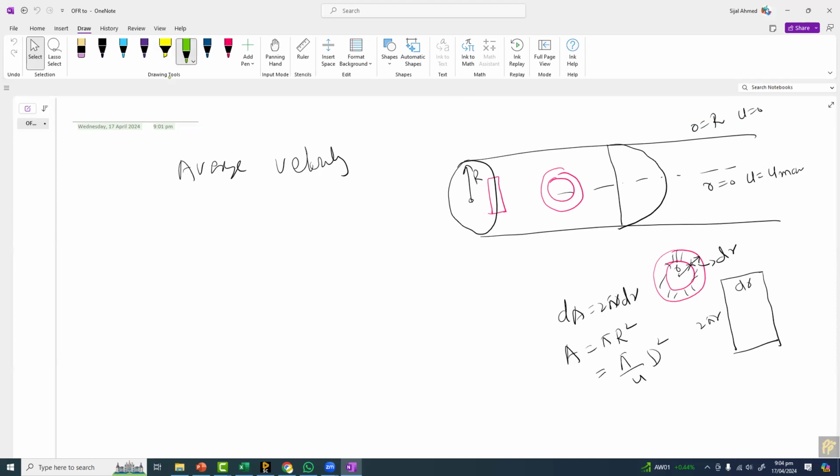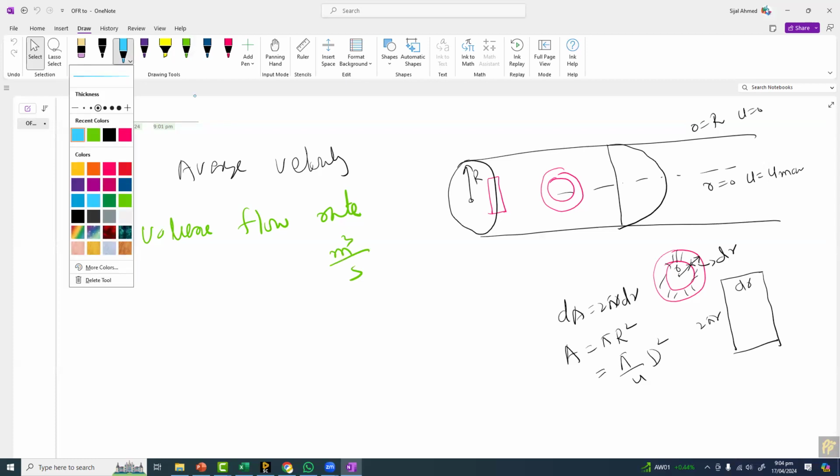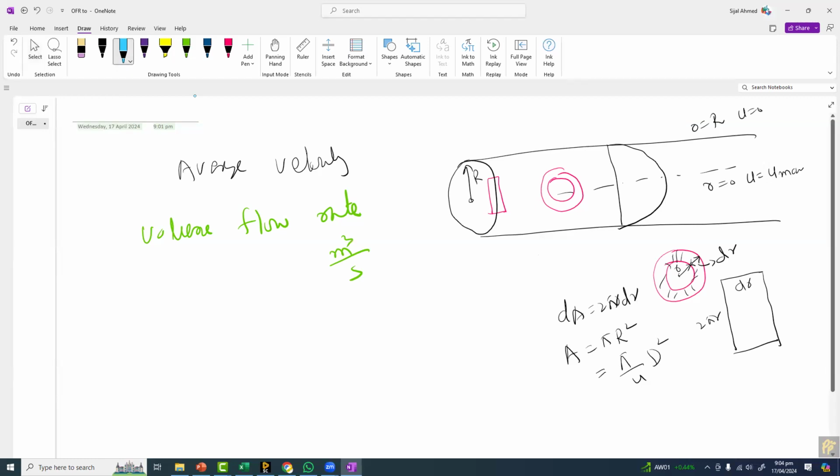Okay, so now we know that the volume flow rate means we are measuring the volume of the flow, that is meter cube per second. How much volume is passing through some particular geometry. So in the whole pipe, how many meter cubes or liters are passing in 1 second. This is the volume flow rate.